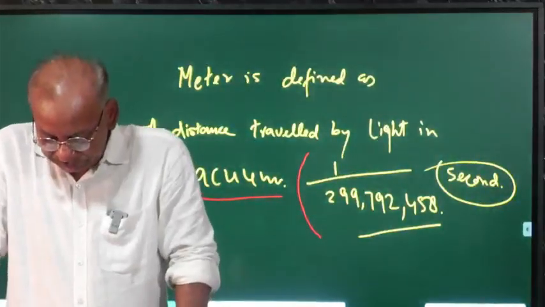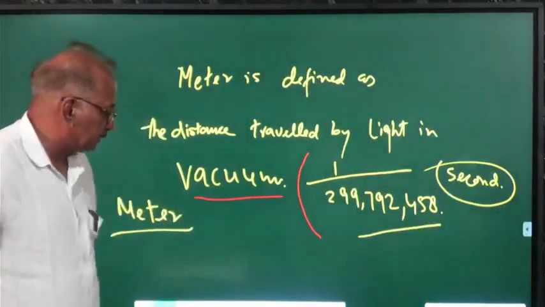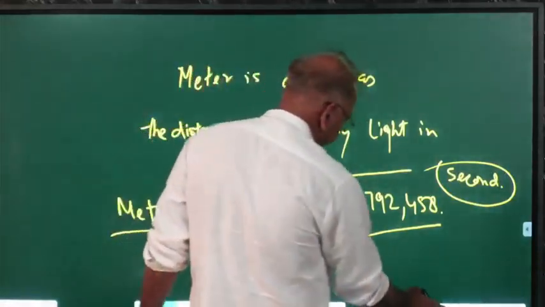Now, what is a second? For that, we take the cesium atom. Cesium is an atom, a substance.